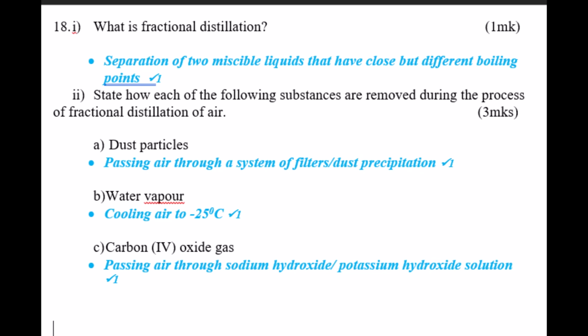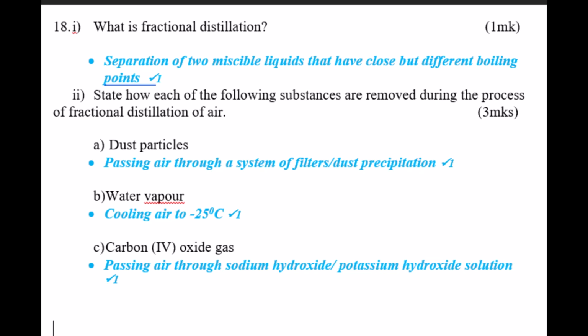How do you remove water vapor from the air? You cool the air to negative 25 degrees Celsius. Water will come out in form of ice. Good. Carbon dioxide, you get an appropriate chemical that will absorb carbon dioxide. And the best chemical we use is the concentrated sodium hydroxide solution, or the sister chemical, potassium hydroxide solution.